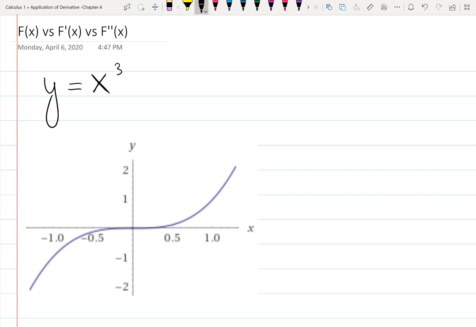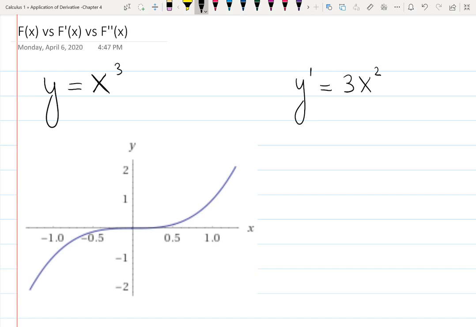Here's the graph of x cubed in front of you, and it's going to be my original function f of x. Now I want to plot y prime. Y prime, or f prime, will be what? Yes, exactly, 3x squared.